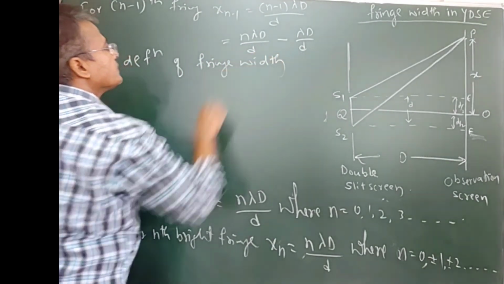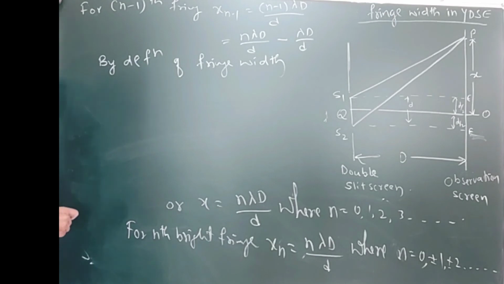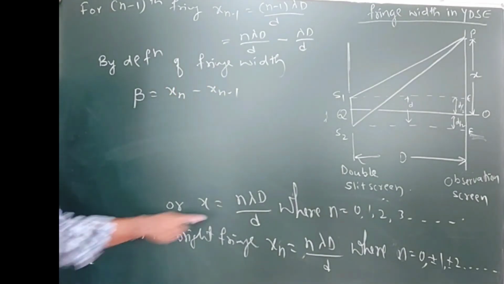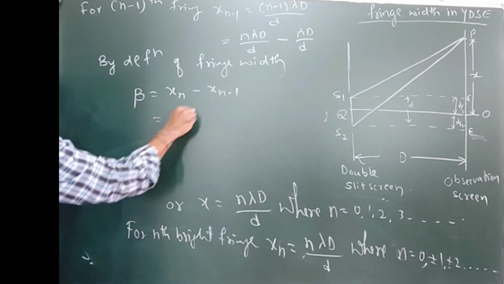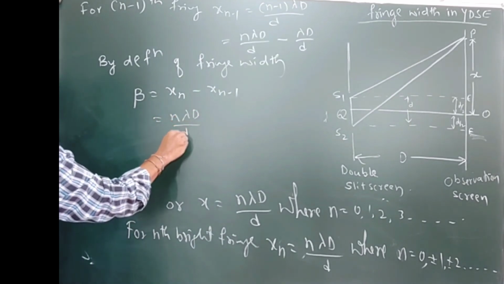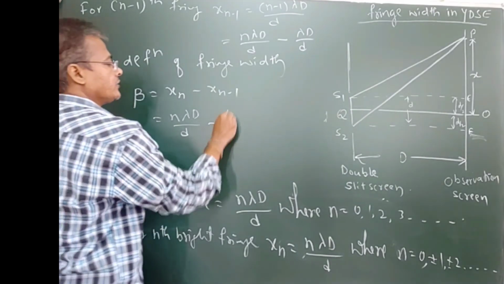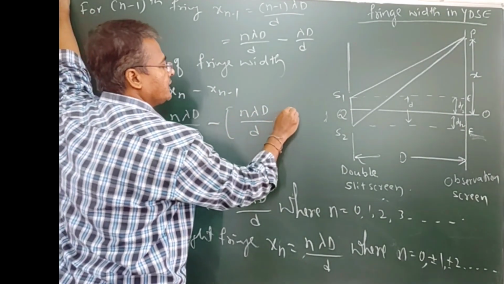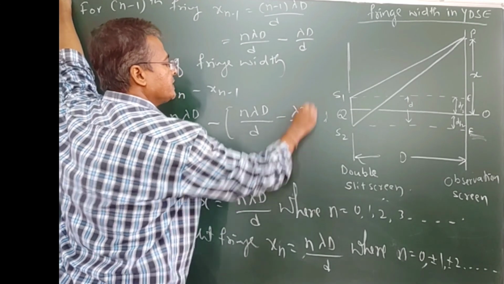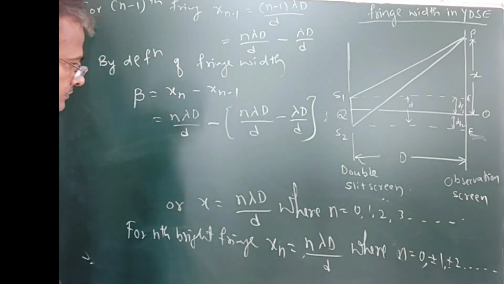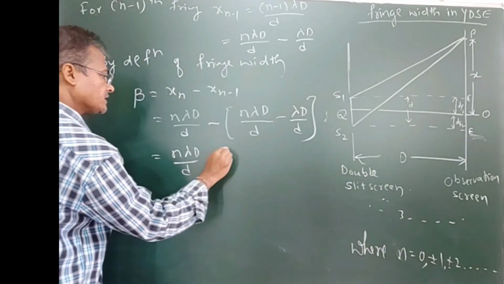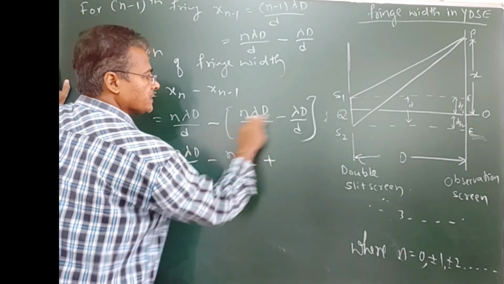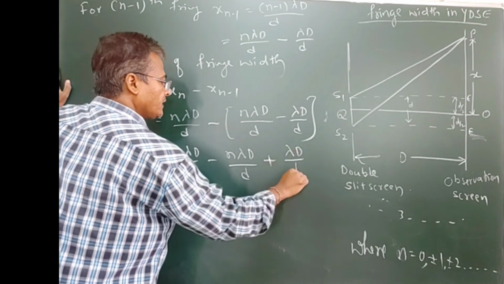So the difference between xn and xn minus 1: xn is n lambda D divided by small d, minus xn minus 1, which is n lambda D divided by small d minus lambda D divided by small d.